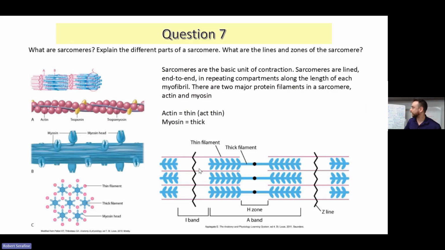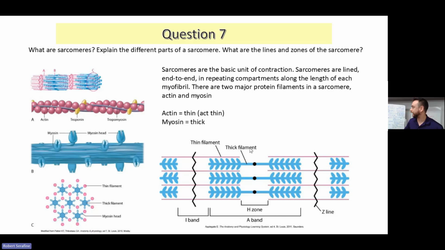This Z line is where we have a protein filament called actin. We'll take a look at these in a second on the next slide. This actin attaches to the Z line, which is the red line that you see stretching towards the center, where we have the A band in the center.